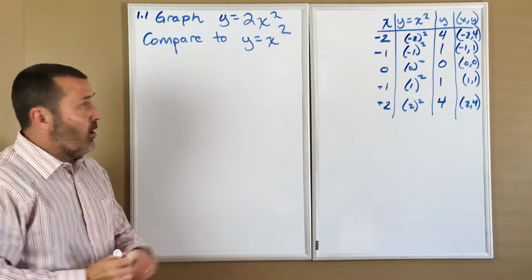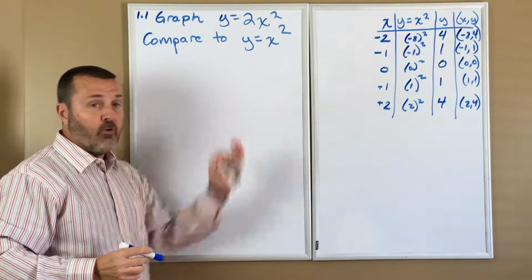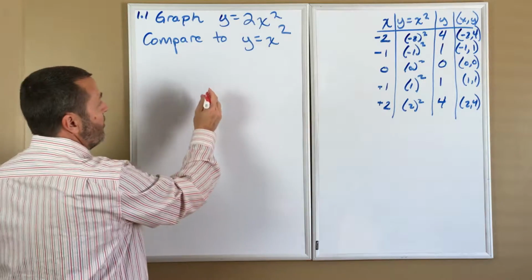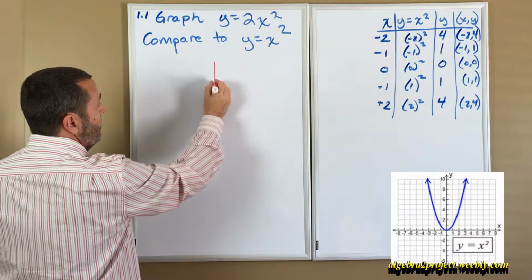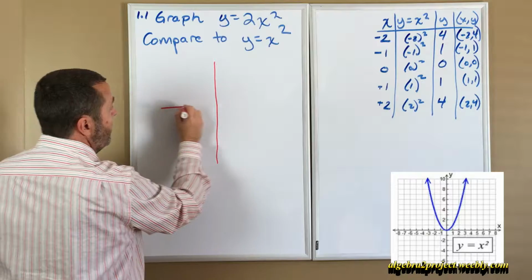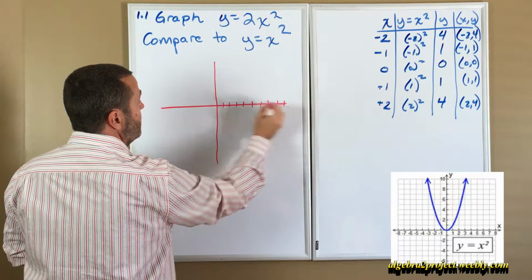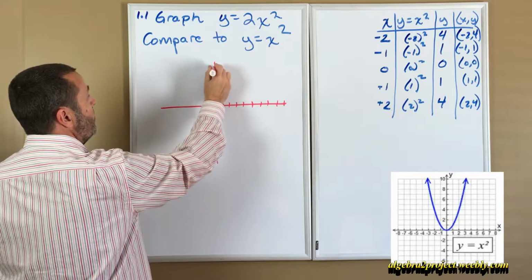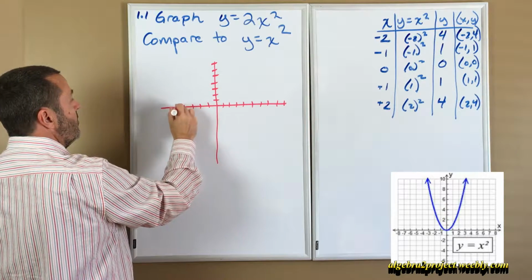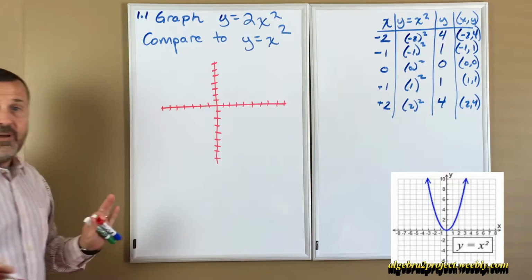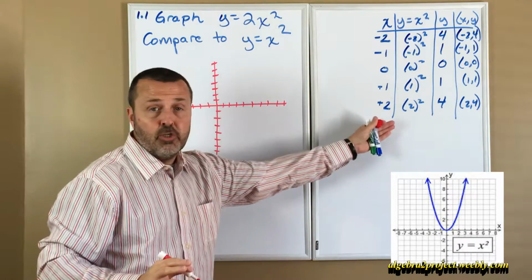Okay? Now, on this side of the board, I want to go ahead and create a graph. I'll use red ink for the graph. Not bad. I'll continue to use blue ink.